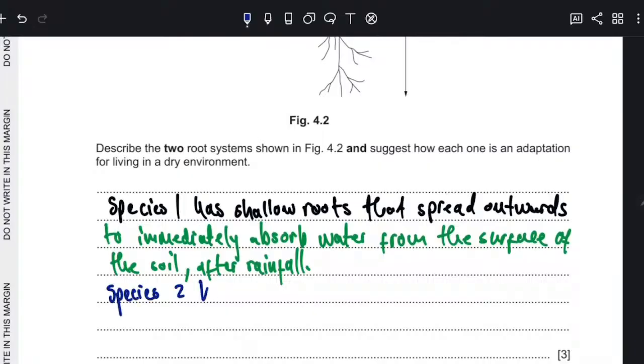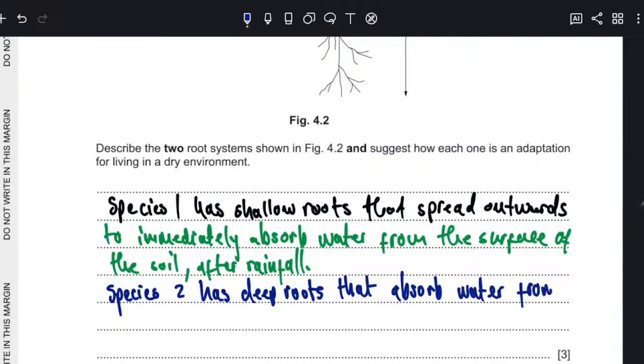Species 2 has deep roots that absorb water from underground.